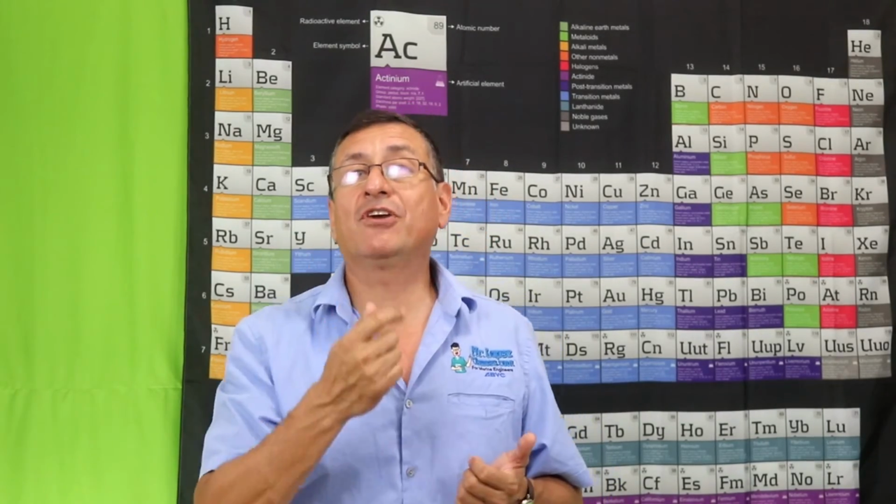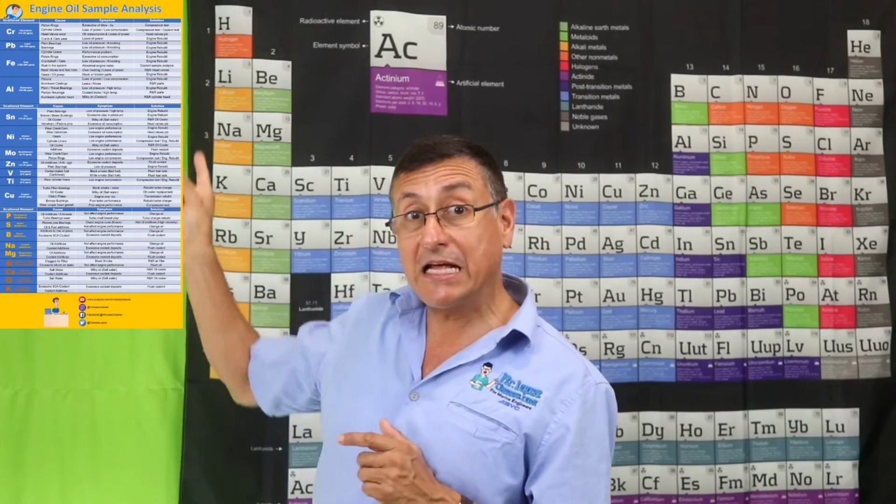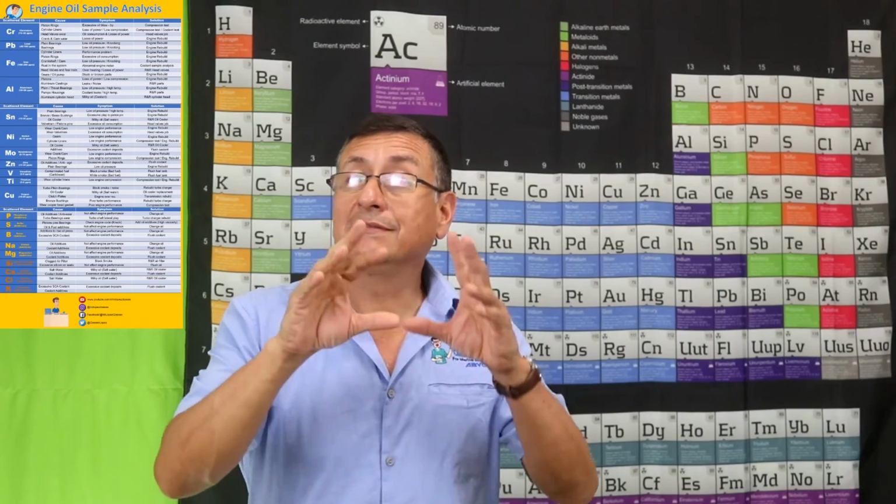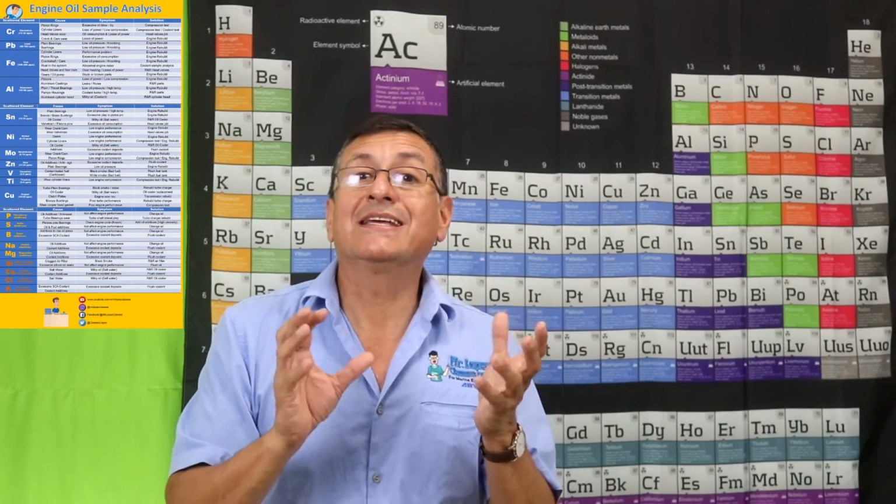For that reason, in other coming classes, diesel and gasoline, we are going to take a sample of the motor oil in your engine, take the sample to the laboratory, and analyze the report of the oil sample. You can buy that poster in my web page. The only stainless steel element internally in the engine are the piston rings.